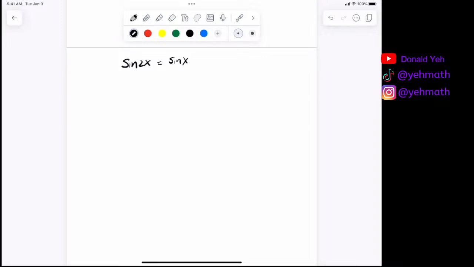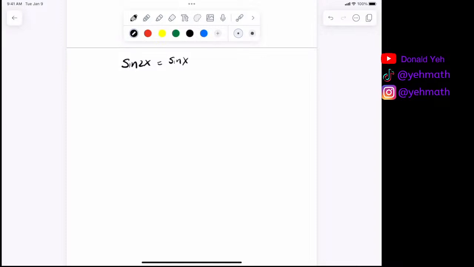Now this question is more difficult than the other one. This one's probably one of the harder ones. There's a lot of room to make mistakes here, but they're very important. What's the first step? Is it set equal to 0 or just substitute for the sine of 2x? Either one.